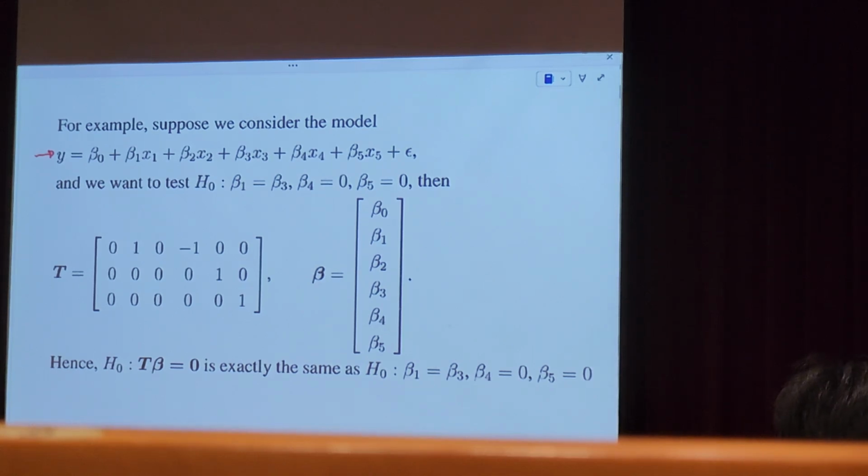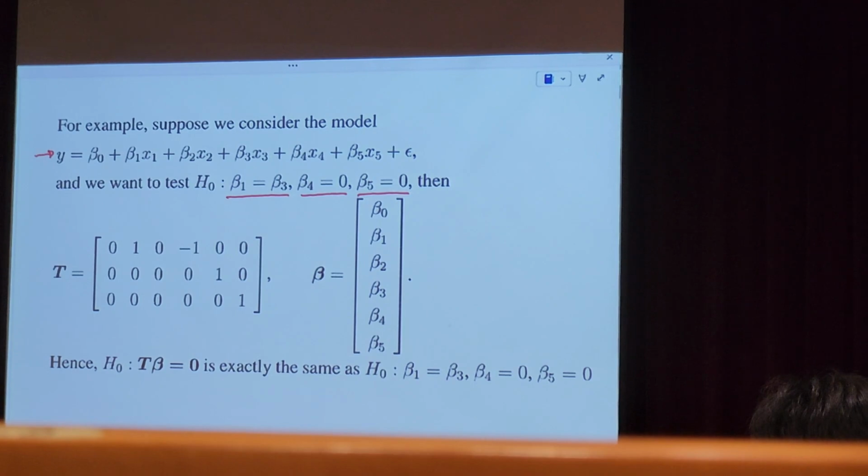So there are 6 regression coefficients. And I want to test this. I want to test whether beta 1 is beta 3, beta 4 is 0, beta 5 is 0. So this is called general hypothesis on linear combinations of beta.